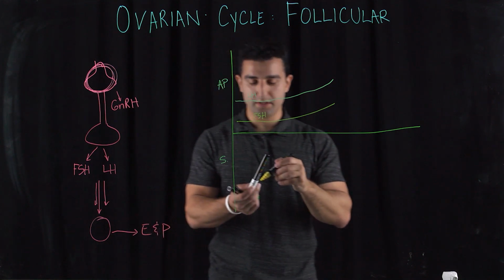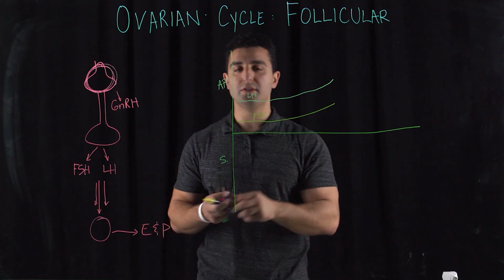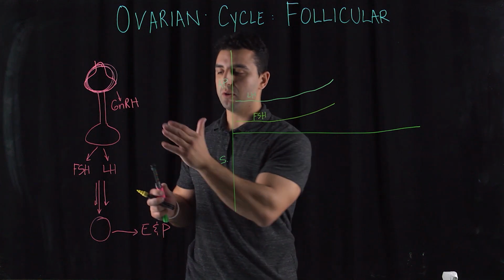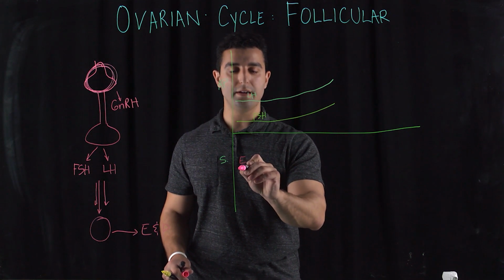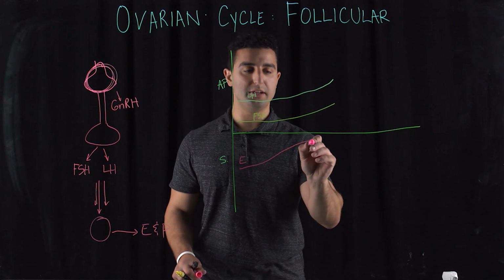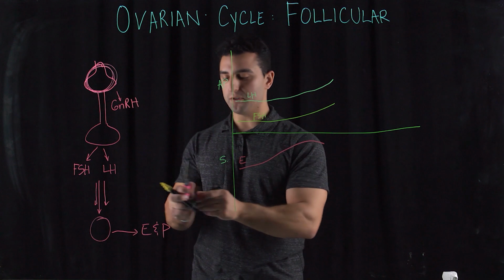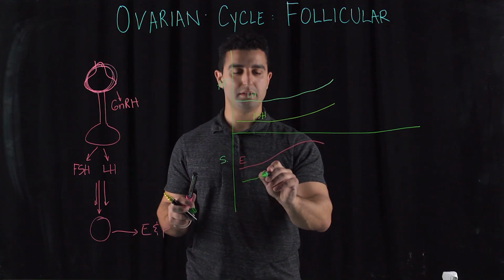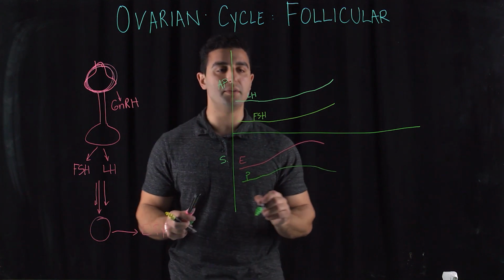There will be other hormones involved, the sex hormones, specifically estrogen and progesterone. Estrogen's concentration begins to increase, whereas the progesterone here remains constant, much lower than the estrogen levels, right?